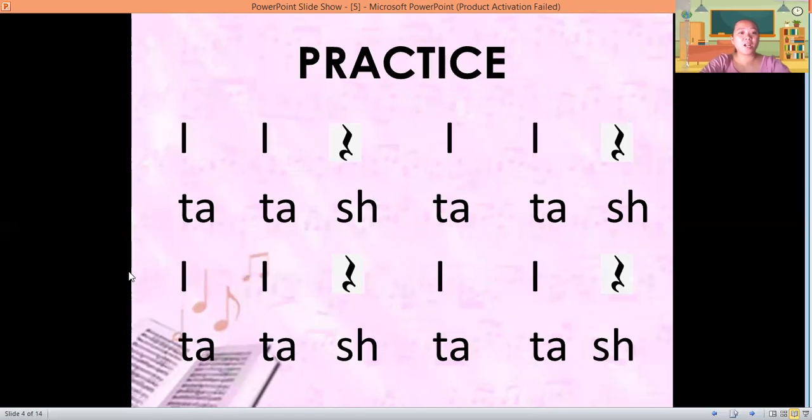Now, let's practice. This one is clap, and then if you see this, open. Clap, clap, open, because there's a rest. Okay, again, clap, clap, rest, clap, clap, rest.